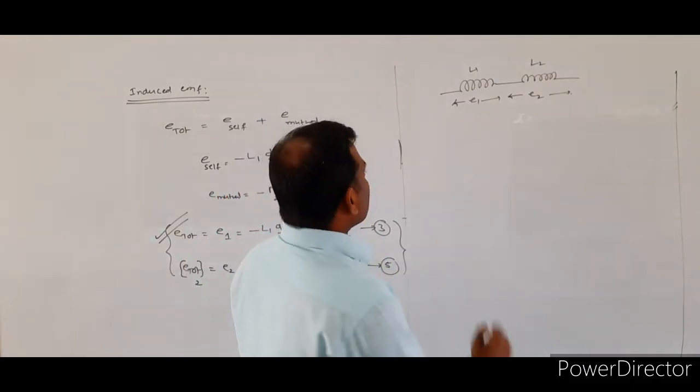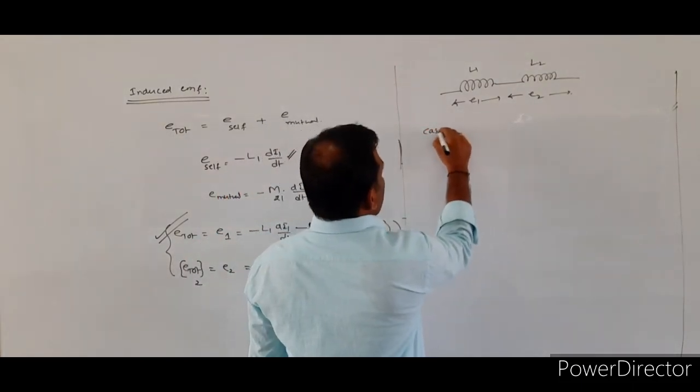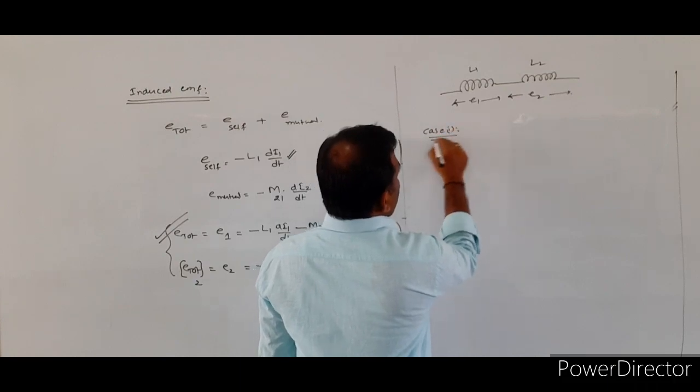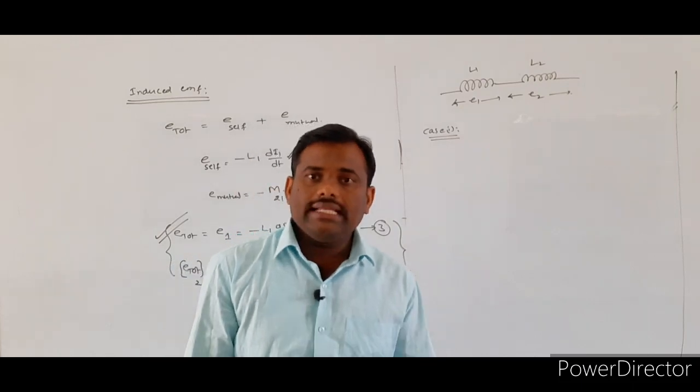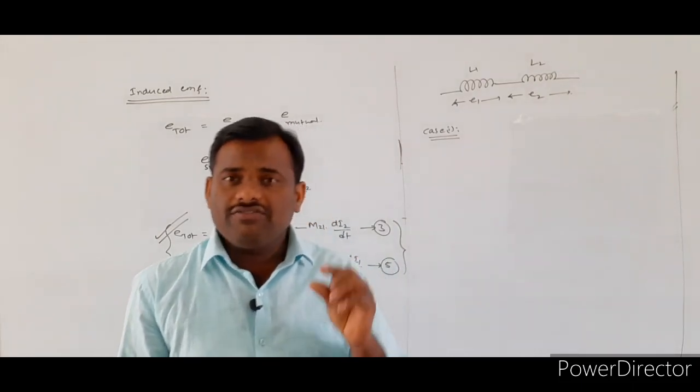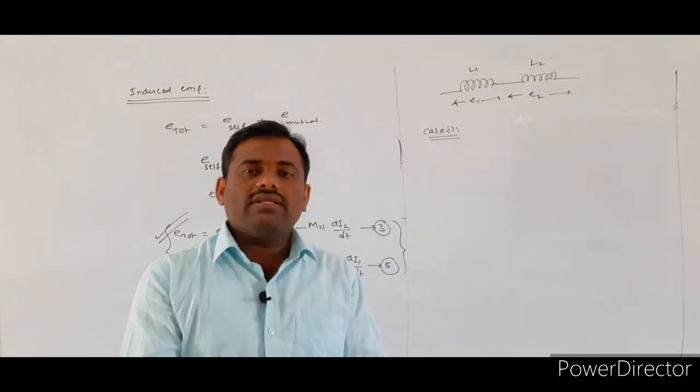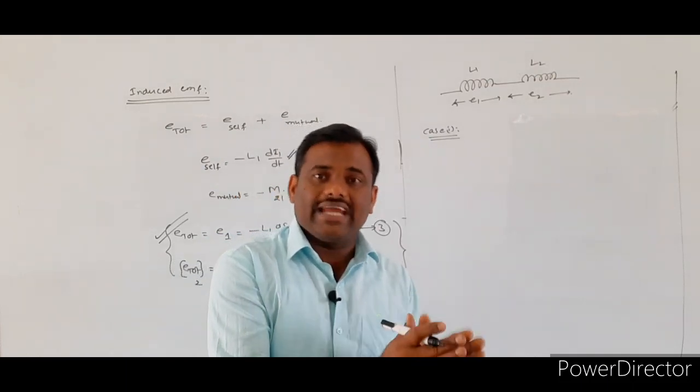So here two cases are there. Case 1: the flux produced by the first coil will support the flux produced by the second coil.